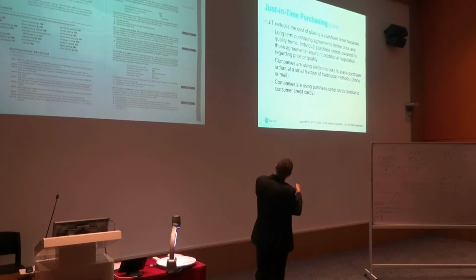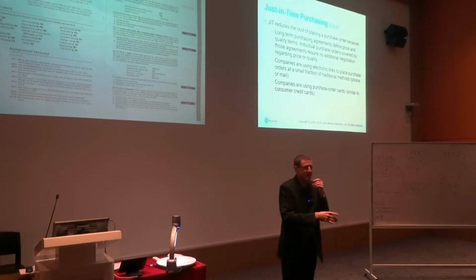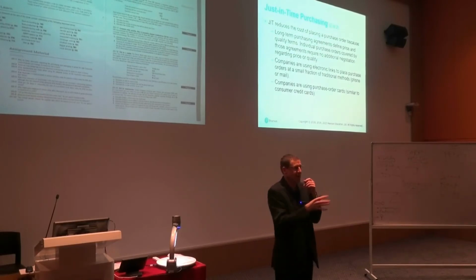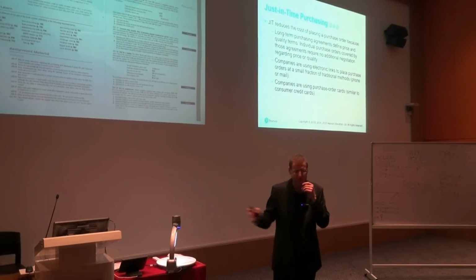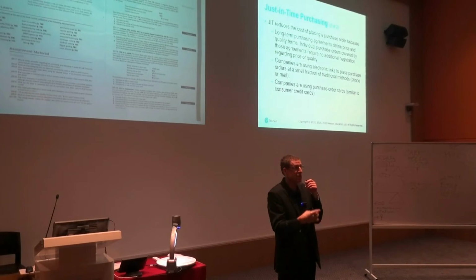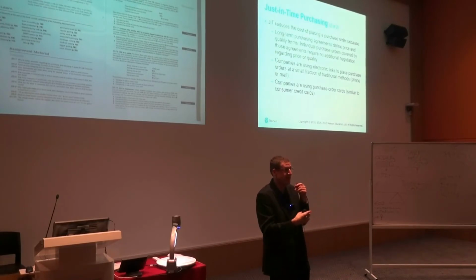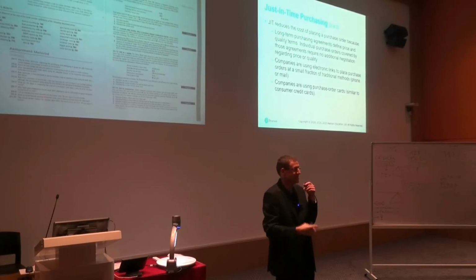Companies have long-term purchasing agreements with these suppliers. I look at the data, and I can show you the data on Thursday. I will present this to you on Thursday. I just want to show you some real live data. The numbers are in the hundreds of millions.